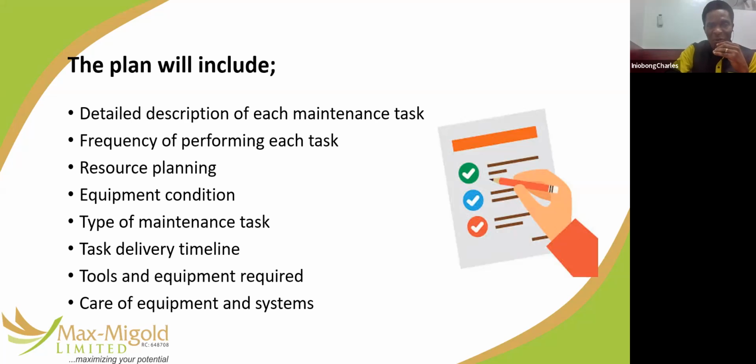Then resource planning, which is very, very important. You must have your resources, the personnel resource, and the consumables if you have to change parts. Then equipment condition. Like I said, you cannot maintain an equipment you don't know. It will be an aberration, a big mistake, if you jump at maintaining an equipment that you don't know. You will fail. Let's take, for example, a generator that is 20, 30 years old.